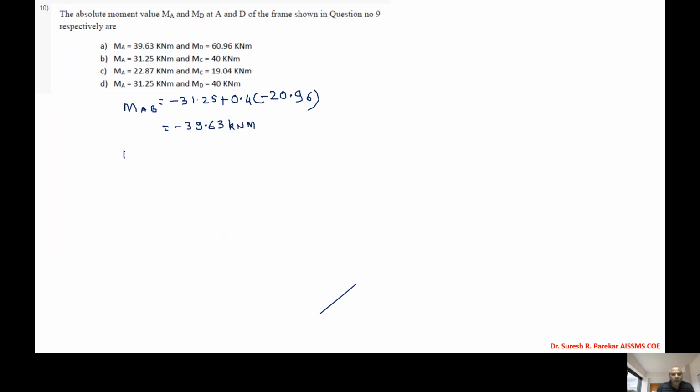And then MDB is equal to minus 40 minus EI theta B, and with EI theta B as 20.96, this gives minus 60.96 kilonewton meter. So we have the first option only, option A.